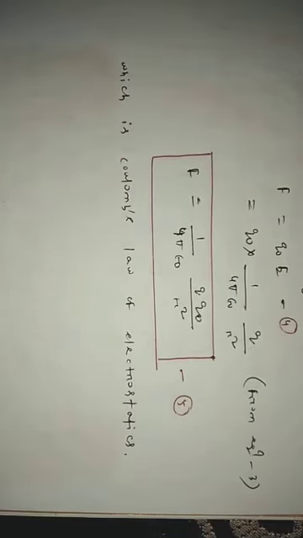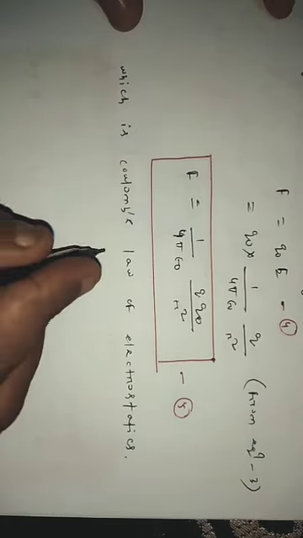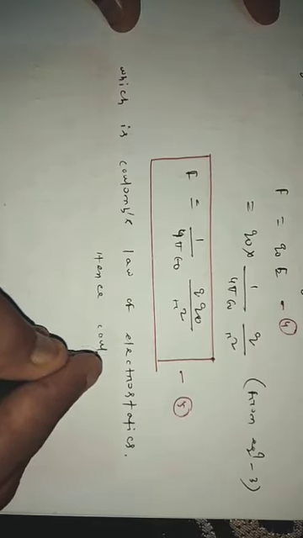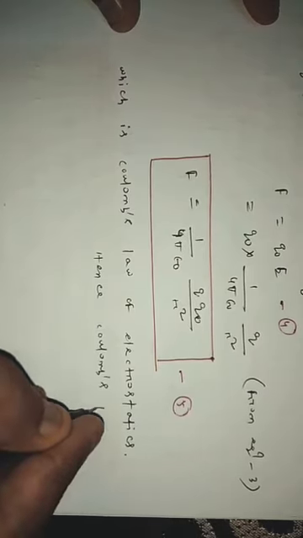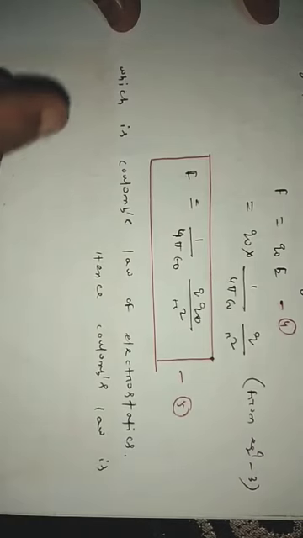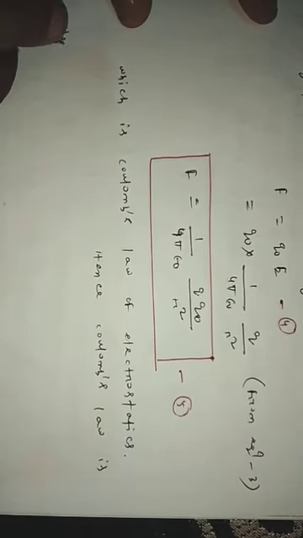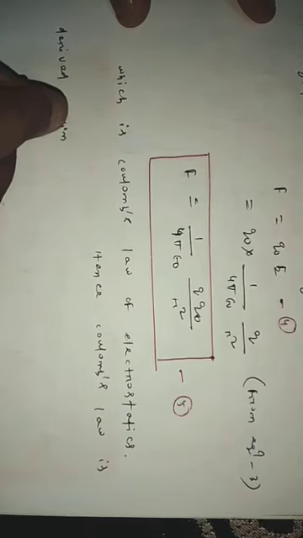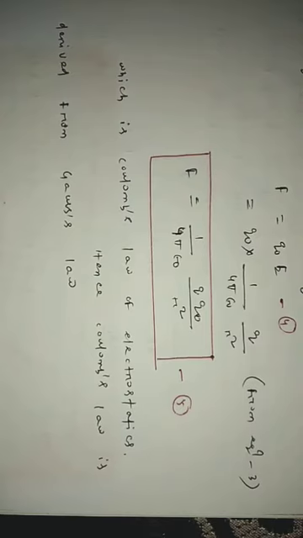Hence Coulomb's law is derived from Gauss law. In this way, we have derived Coulomb's law of electrostatics from Gauss law.